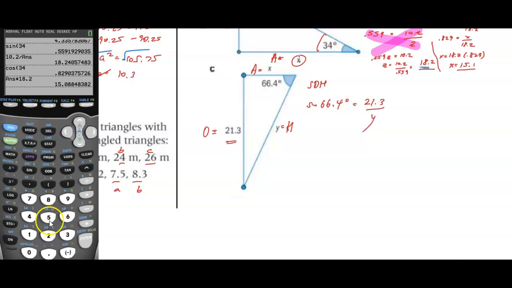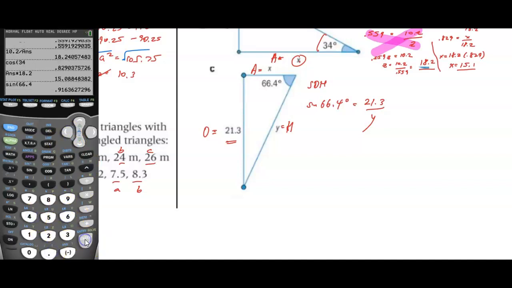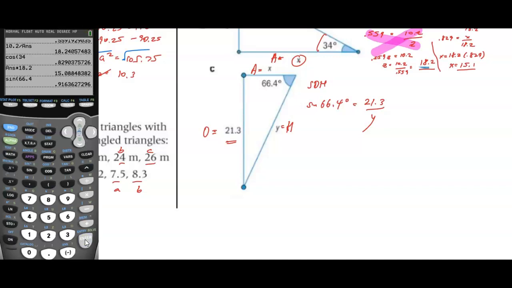Sine of 66.4, I can do that on the calculator. 0.916. We can cross multiply to get the variable out of the denominator.